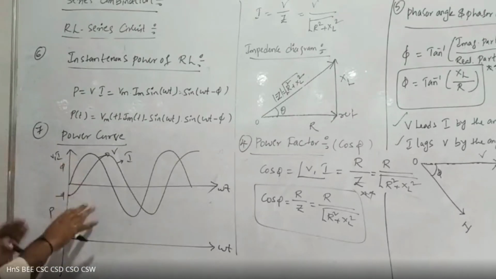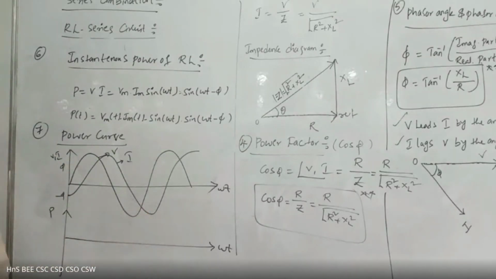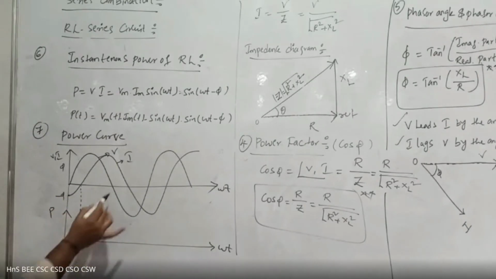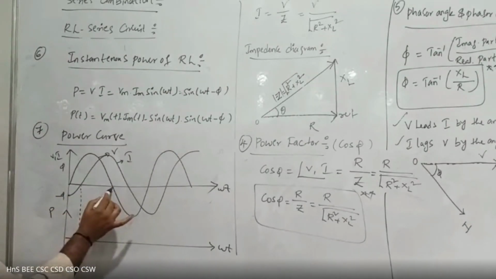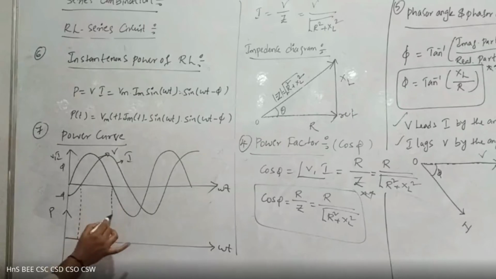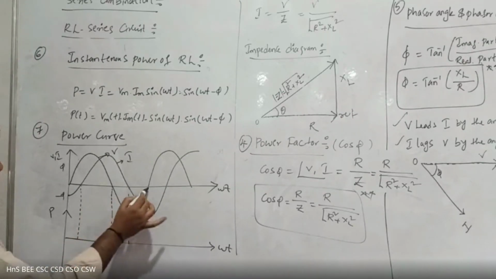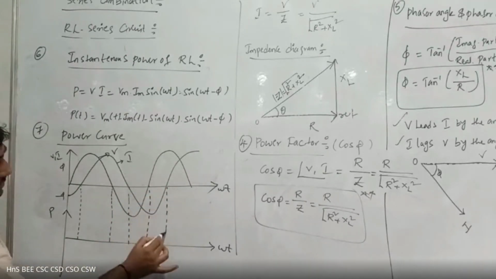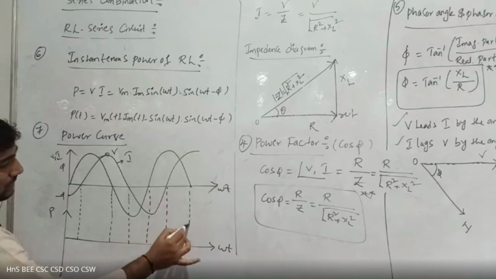Now see, after completion of this combination, we get some power. That is this one. This is the first point, second point, third point, fourth point, fifth point, and sixth point.